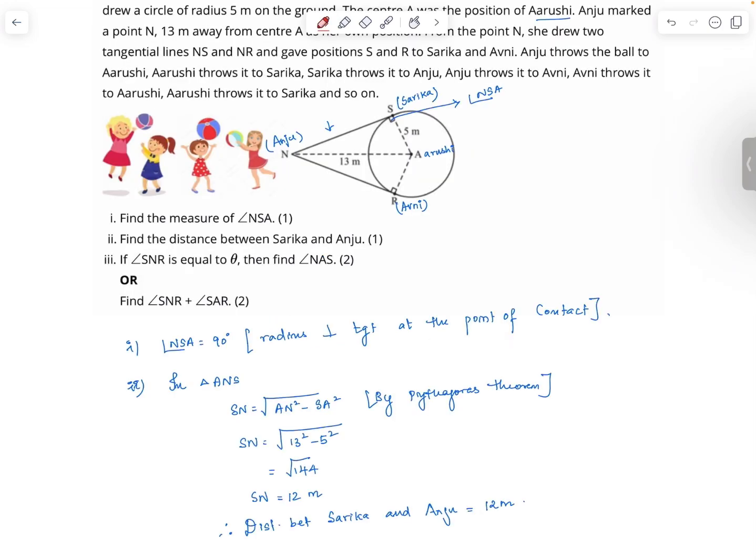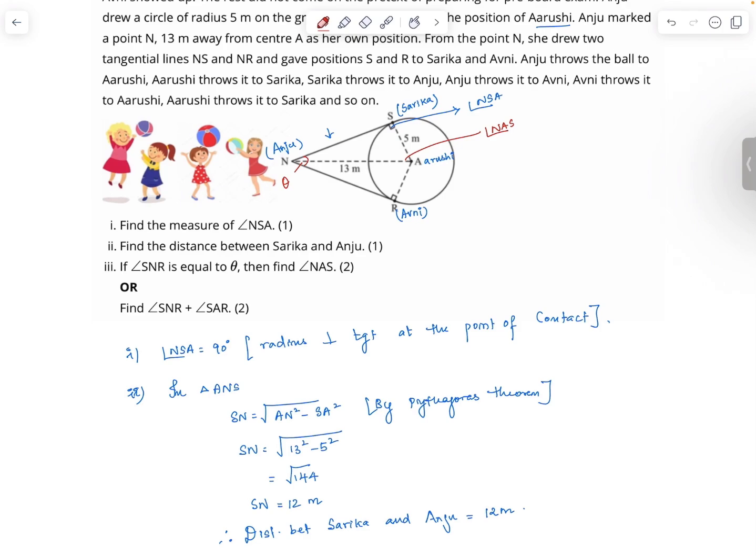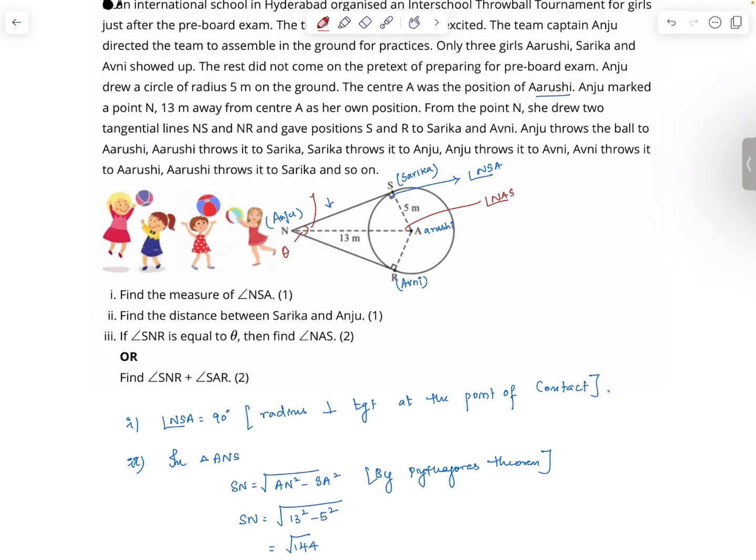Question 3. If angle SNR is equal to theta, that is this angle, then find angle NAS. NAS is a portion of the angle subtended at the center. Here, A is the center of the circle and N is one external point. The line segment which connects the center and the external point bisects the angle at N. So the angle SNA becomes theta by 2.